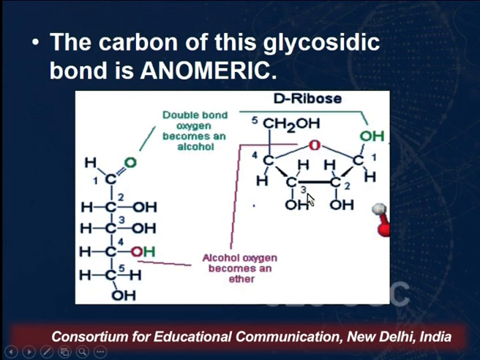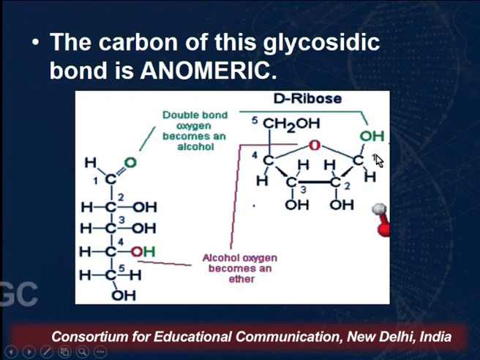When this bond is formed, a new chiral center is generated here. At this center, when the bond formation takes place, an intramolecular reaction is taking place, resulting in the formation of a hemiacetal. Now two configurations are possible.